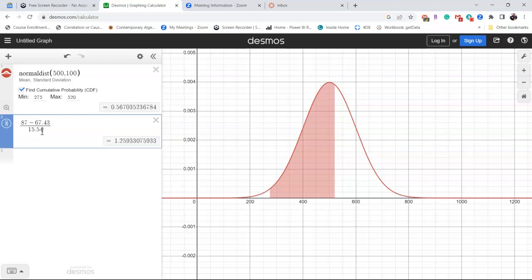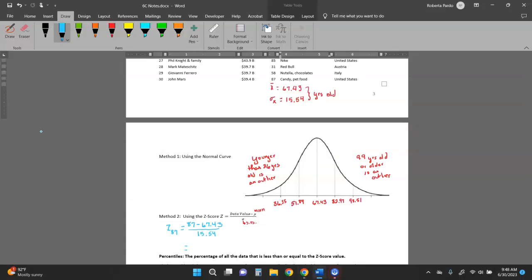We end up with 1.26. So 87 years old is normal, not an outlier, because the value is 1.26 standard deviations from the mean, which is not greater than 2 standard deviations.